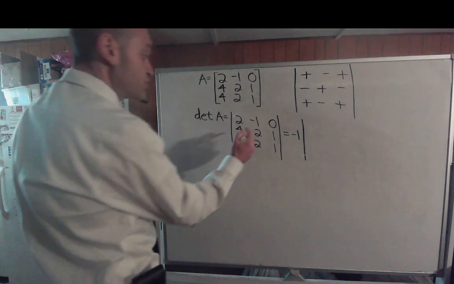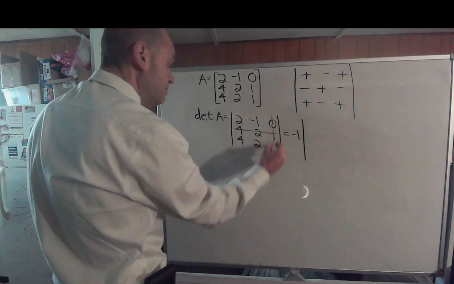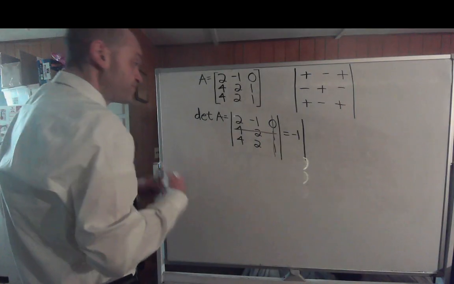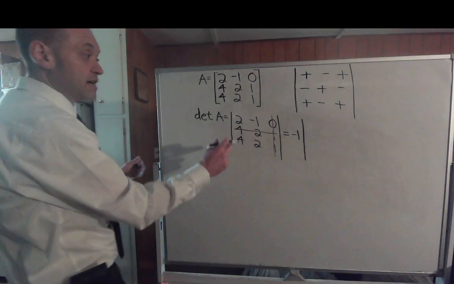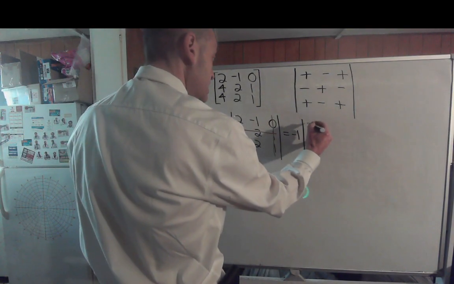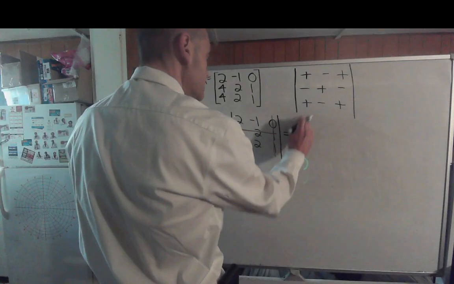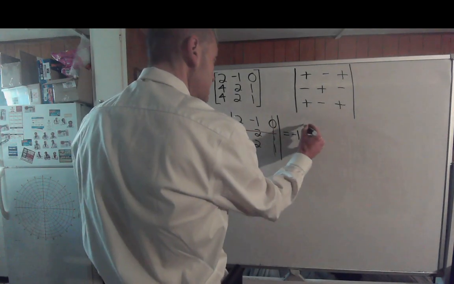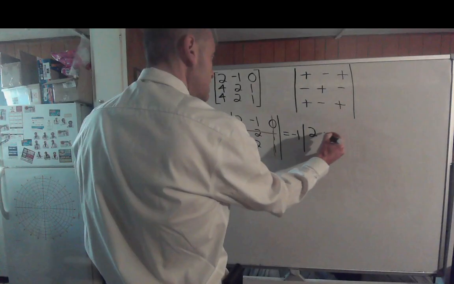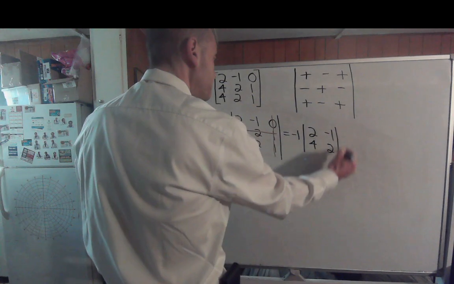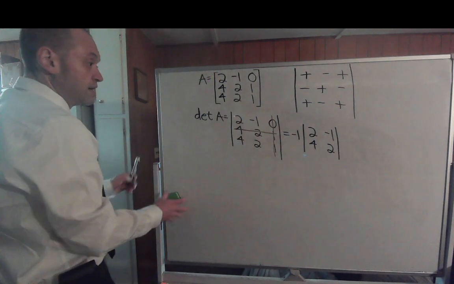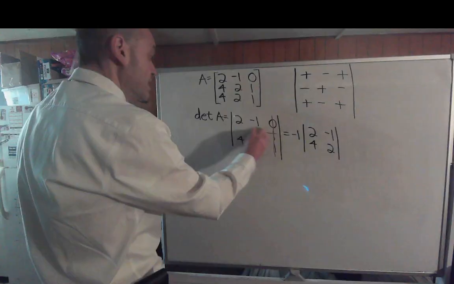Let's strike out the row and the column in which that occurs. You'll end up with a 2 by 2 determinant of 2, -1, 4, 2. I'm going to have to rebuild this determinant here.